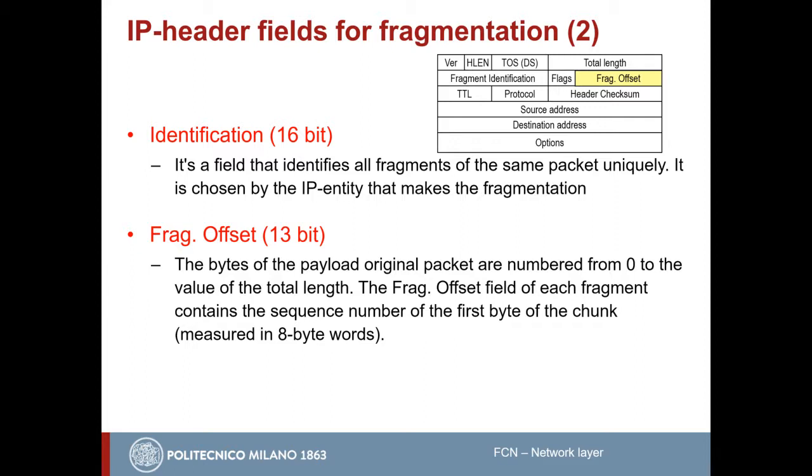Since it is a 13-bit field, it can contain a limited number of values, and so the trick was to number all the bytes of the original packet, and here I mean the bytes in the payload of the original packet, from 0 to a certain number, and the fragment offset field is generated by looking at the numbering of the bytes, and by dividing the byte number by 8.